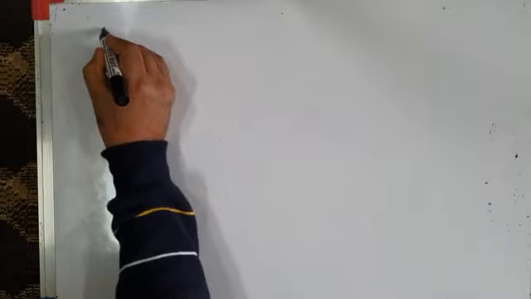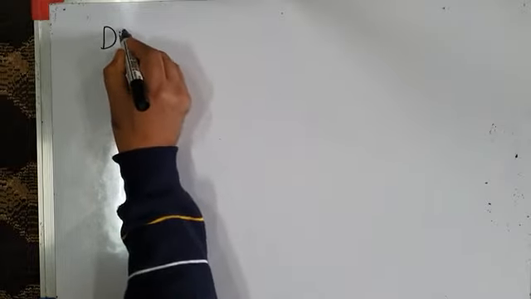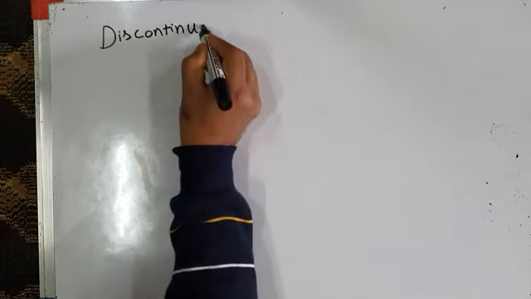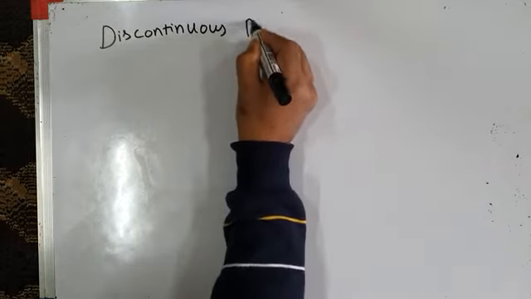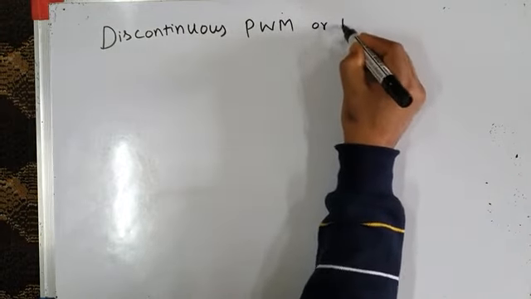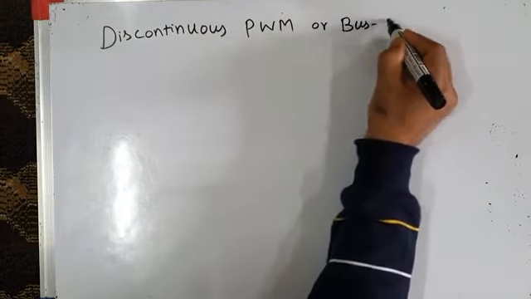Now in today's lecture we are going to discuss another type of PWM technique for three-phase PWM voltage source inverters, which we categorize as discontinuous PWM techniques. I will write here: discontinuous PWM techniques, also called bus clamping PWM techniques.